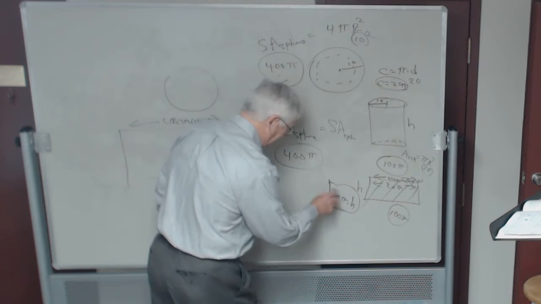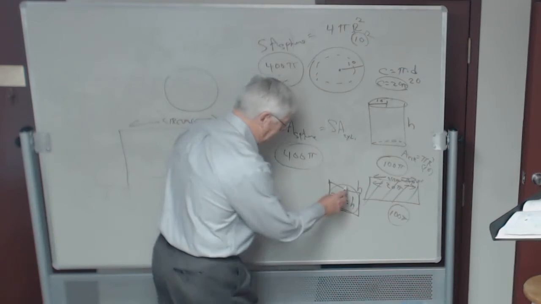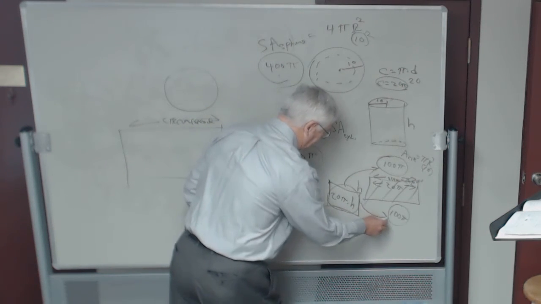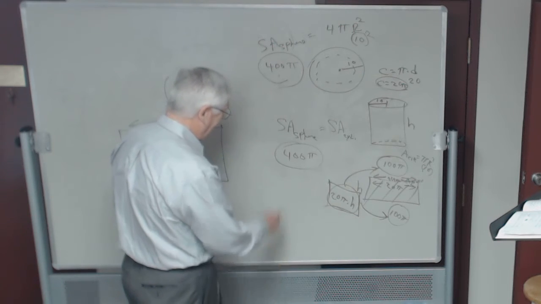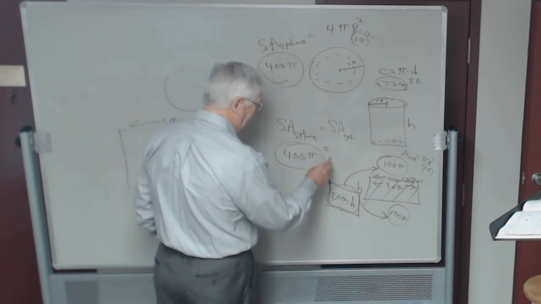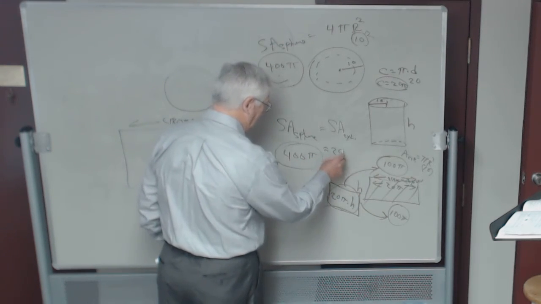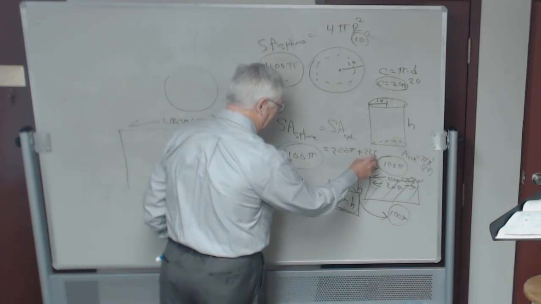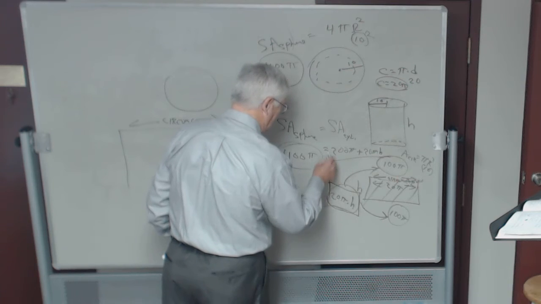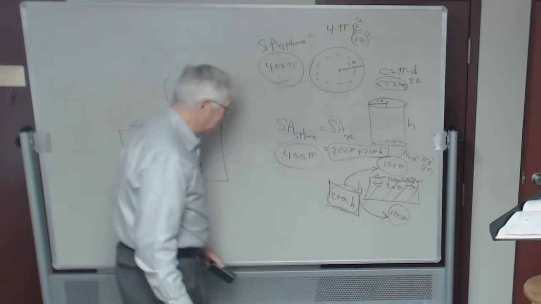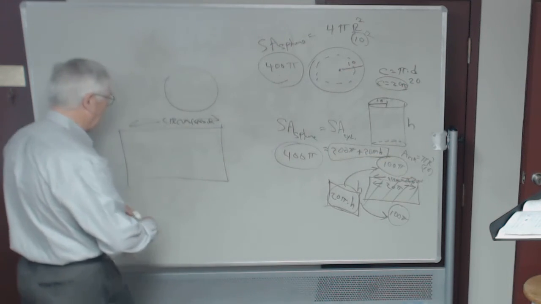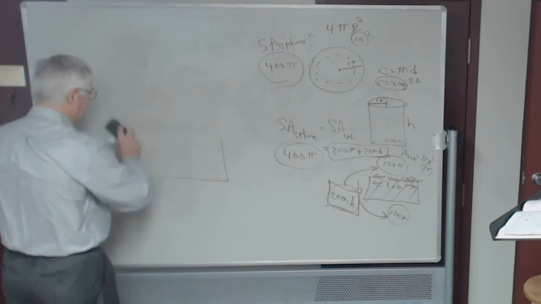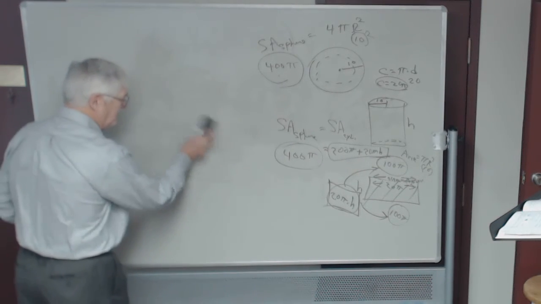So this little rectangle is 20 pi times h, plus this, plus this. So what I have is 400 pi equals 200 pi plus 20 pi times h. Everybody see that? See where I got those numbers?